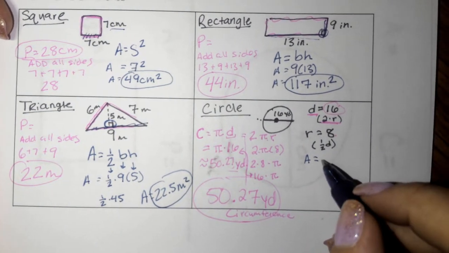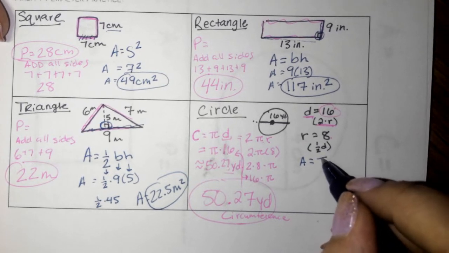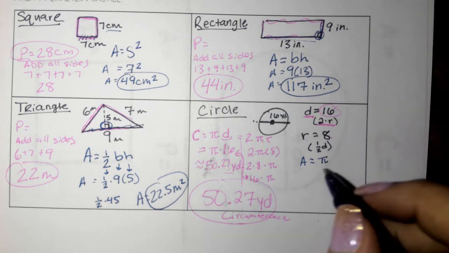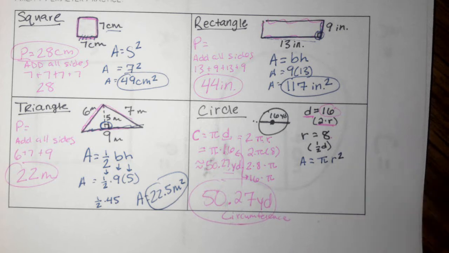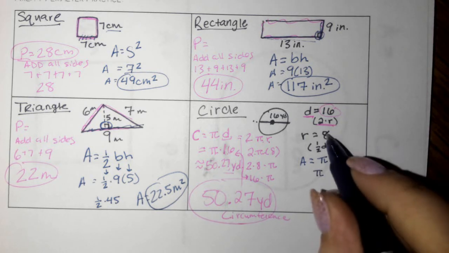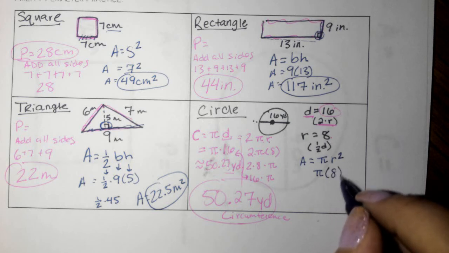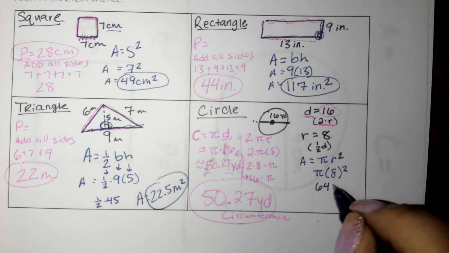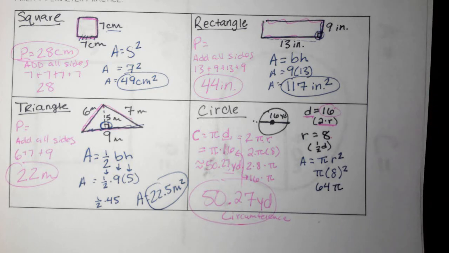The area formula you can verify on your star charts is A equals pi r squared. That would be pi times the radius is 8 squared. 8 squared is 64, so this is just 64 times whatever pi is.